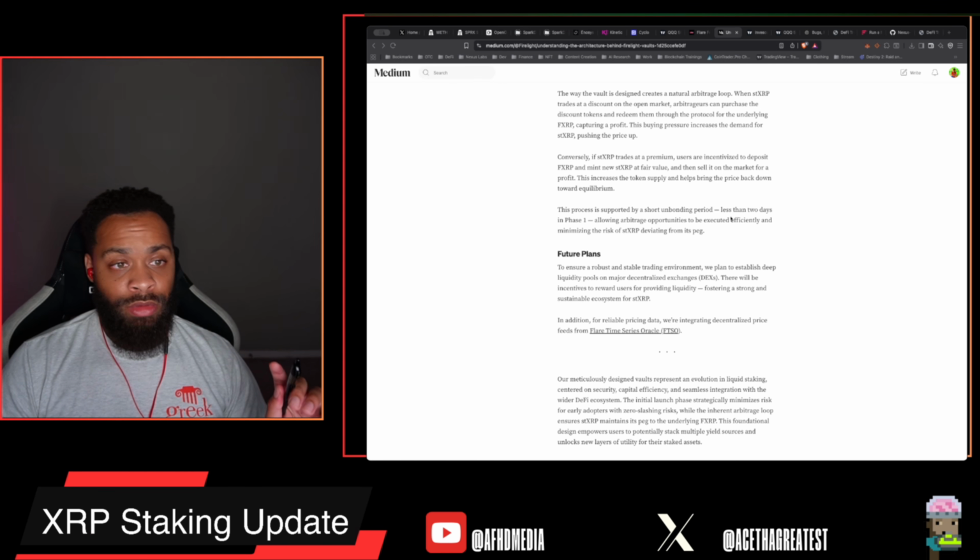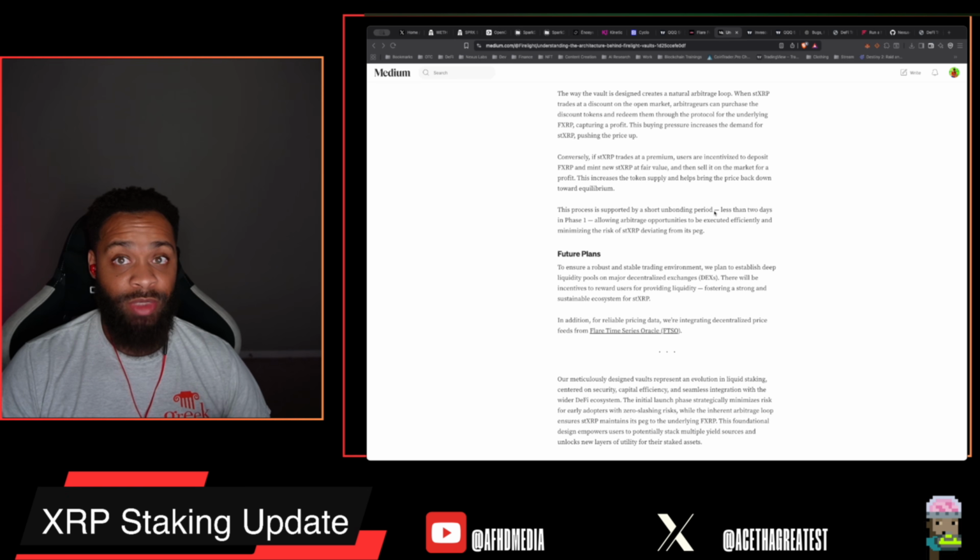Another thing to note is the unbonding period for staked XRP, at least in phase one, is only 2 days. That is amazing because sFlare's unbonding period is 14 and a half days. So about 2.5 weeks. Big difference. 2 days, 2.5 weeks, big difference.